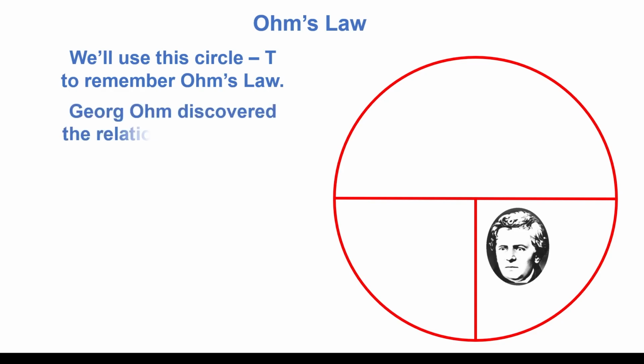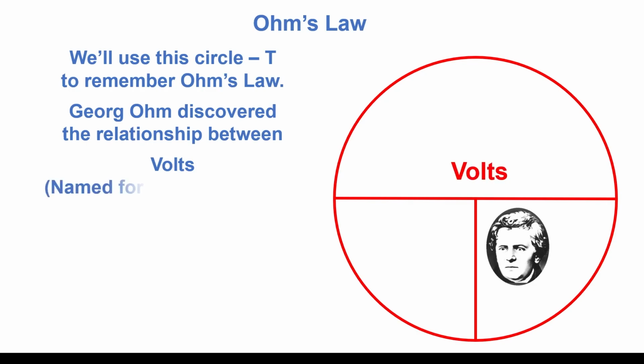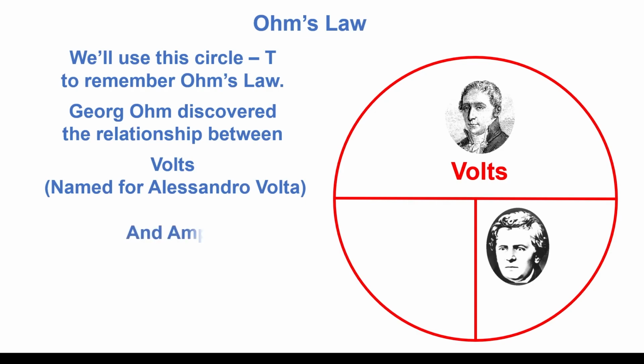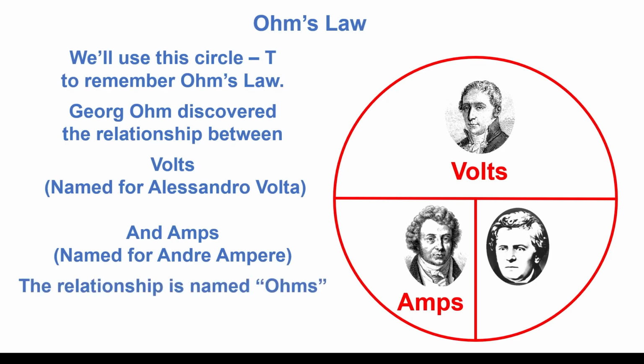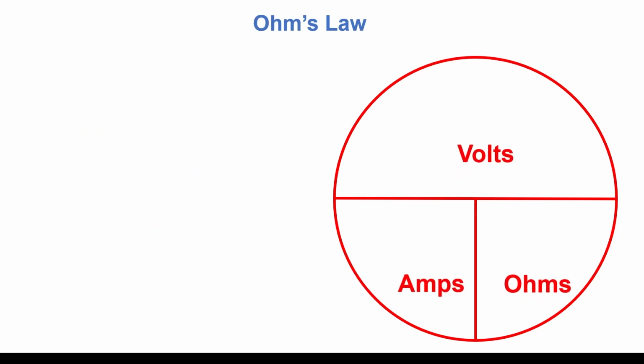So Georg Ohm discovered the relationship between volts, which was named for Alessandro Volta, of course, and amps, which was named for Andre Ampere. And the relationship is named ohms after Georg Ohm. I was most impressed that he found this relationship as a high school teacher. That's pretty amazing. Anyway, it was named for Georg Ohm.